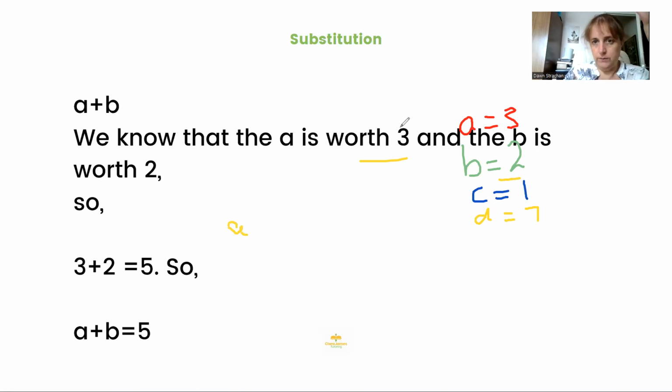What we're literally going to be doing is taking the 3 and swapping the A with the 3, and swapping the B with a 2. So we end up with 3 plus 2, which equals 5. So in this instance, A plus B equals 5.